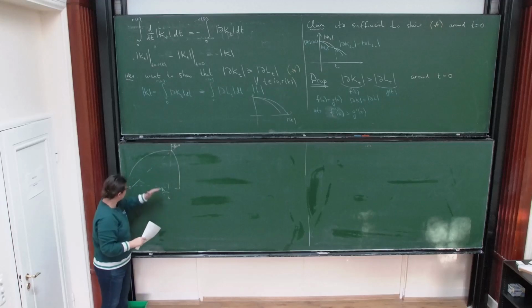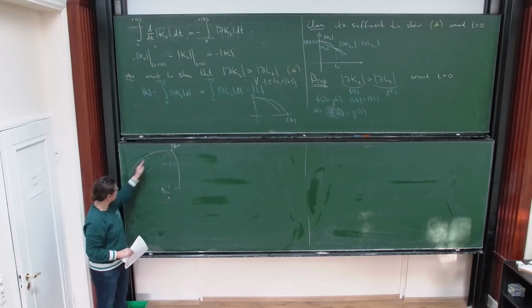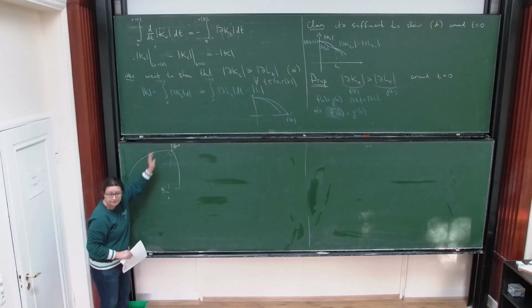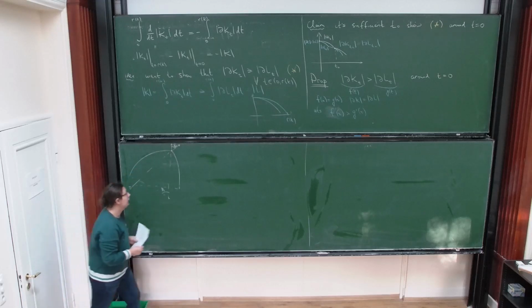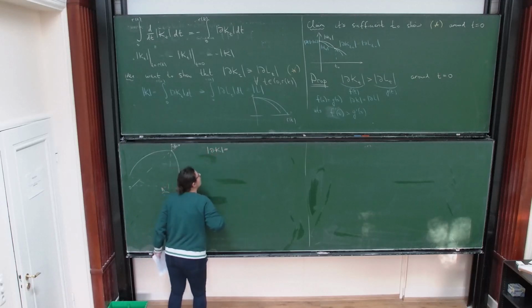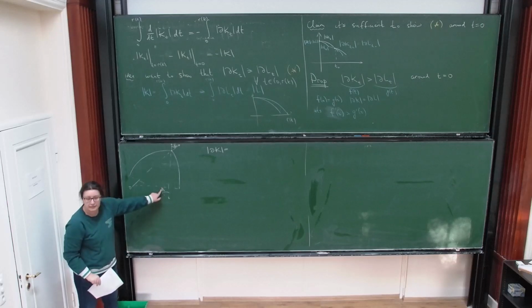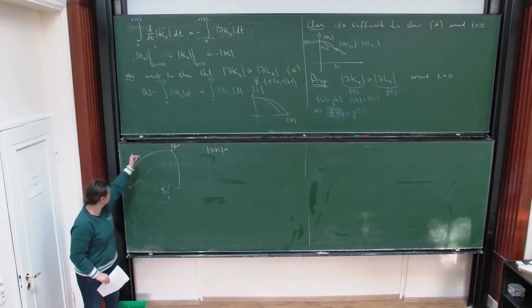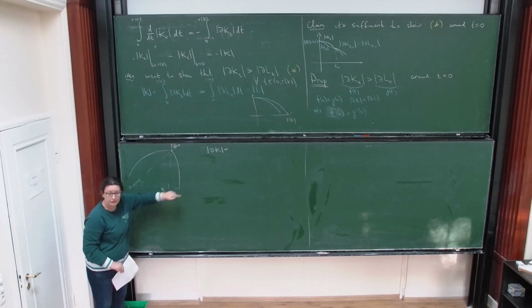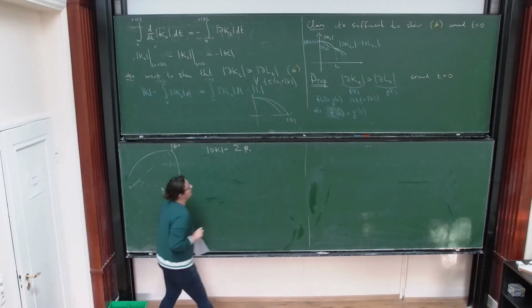And every arc has length beta_i, because the circle has radius 1 and the arc is subtended by angle beta_i, so the length is beta_i. So in this notation, the perimeter of K is just the sum of all these angles beta_i, the sum of the lengths of each arc.